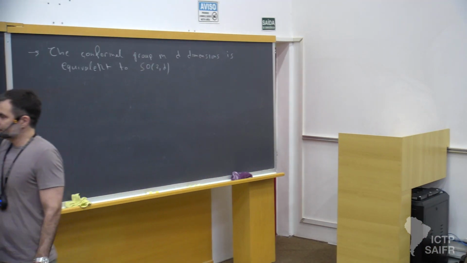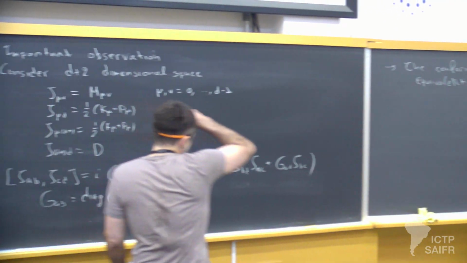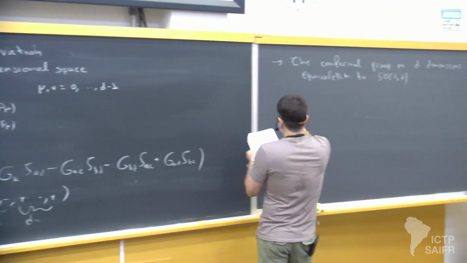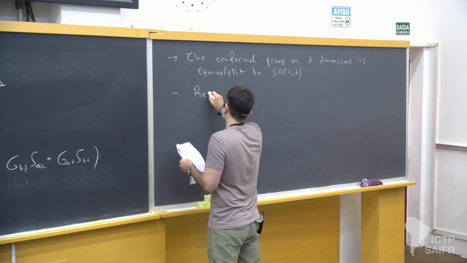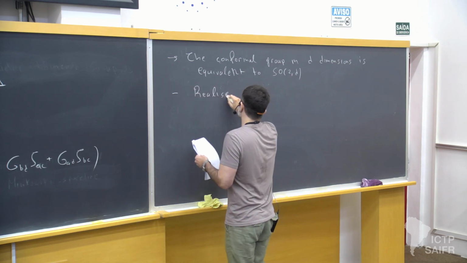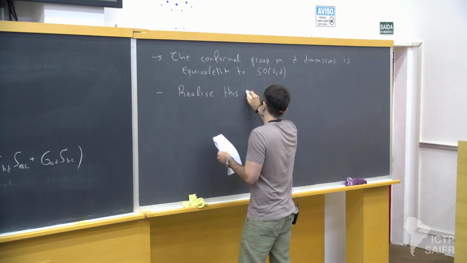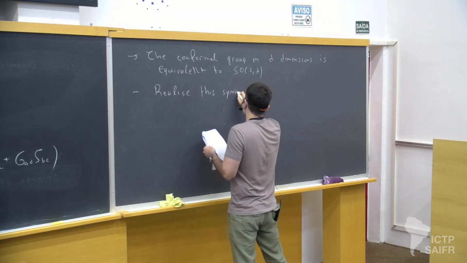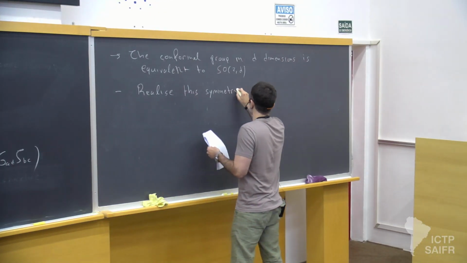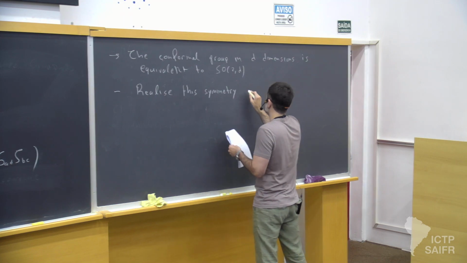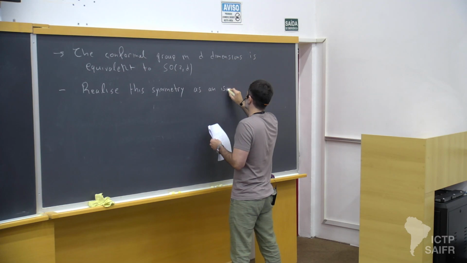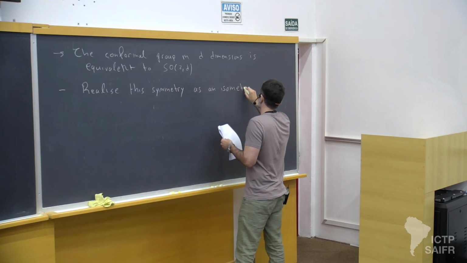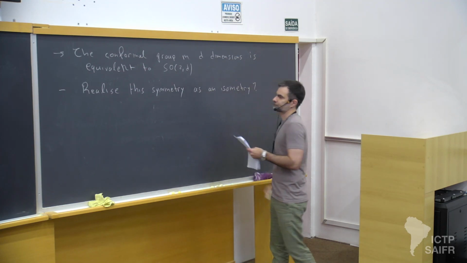Okay, so that's very useful, especially if what I have in mind is to realize this symmetry geometrically. I want to realize this symmetry as an isometry of a space.